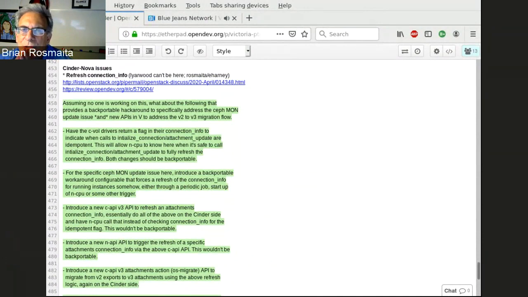The proposal is that the Cinder volume drivers would add a new flag to connection info so that we would know if you try to reinitialize the connection, whether it's going to be an idempotent call or not.